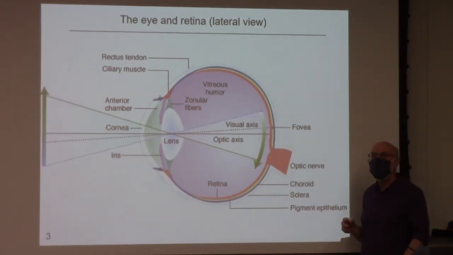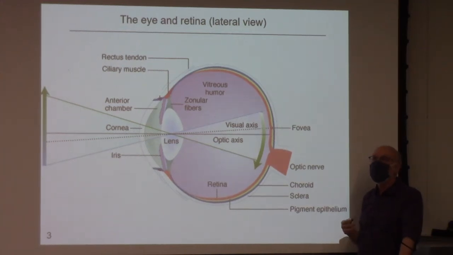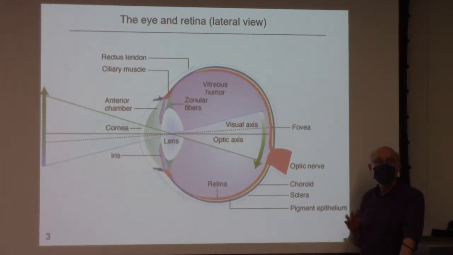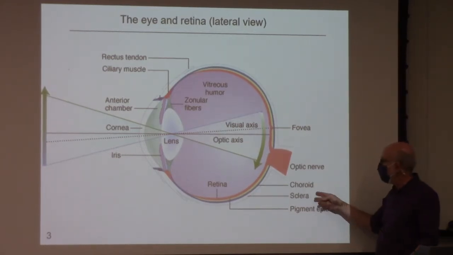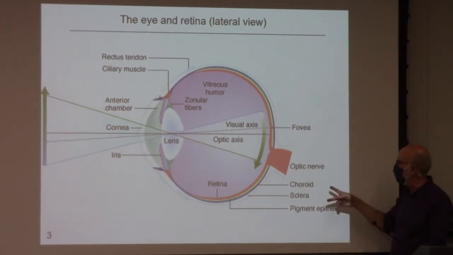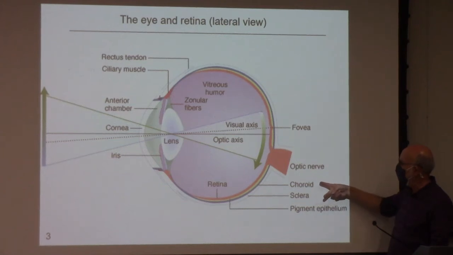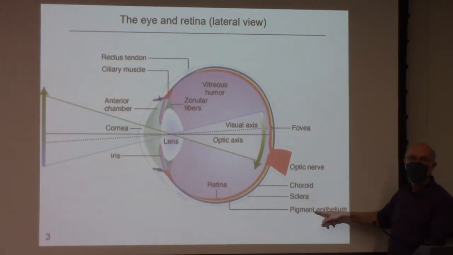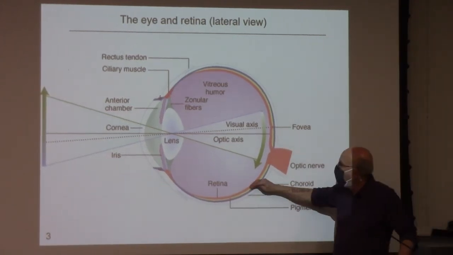And those provide nutrients, vitamin A for retinal. You'll see in a minute why we need that. So blood flow and regeneration of the things that happen during vision are the responsibility of the choroid and the pigment epithelium directly behind the retina.